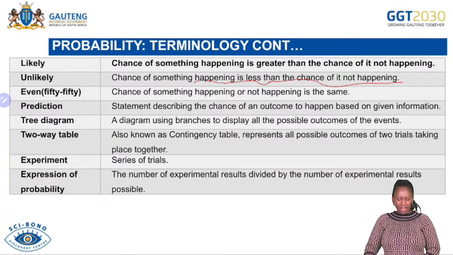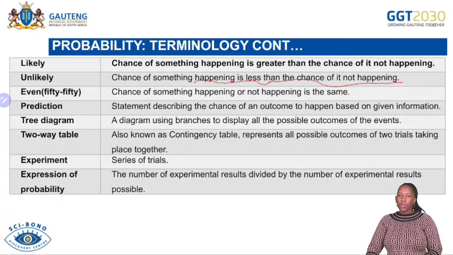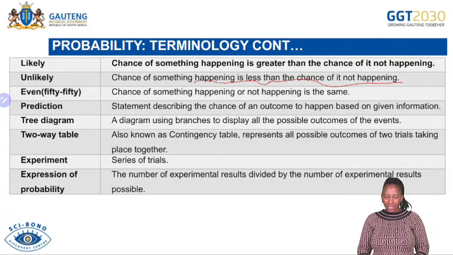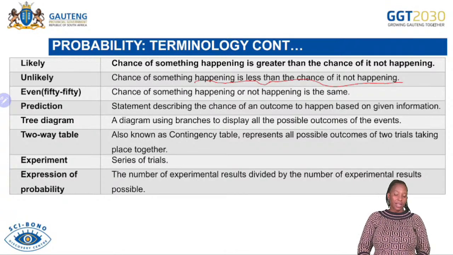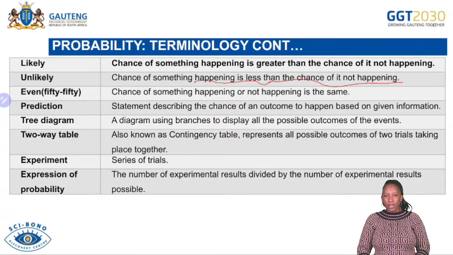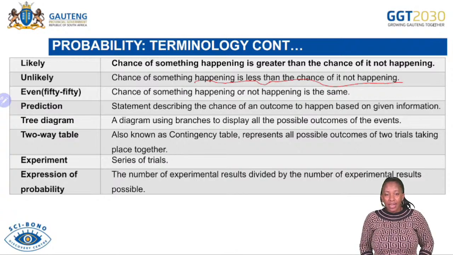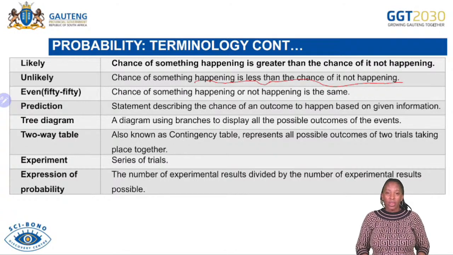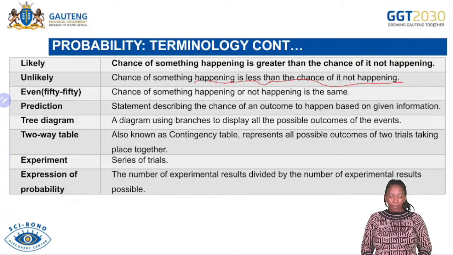And then we have, again, a two-way table. A two-way table, also known as a contingency table, represents all the possible outcomes of two trials taking place at the same time. If I toss two coins, that means I will get the results on both coins, not only on one, but on both.